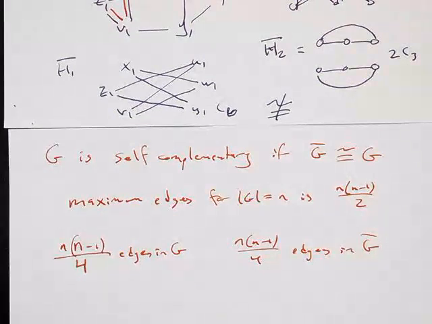Which means I can't do this on 7 or 5, I can't do this on 11 vertices, I can't do it on 12. This number has to be one of these two.